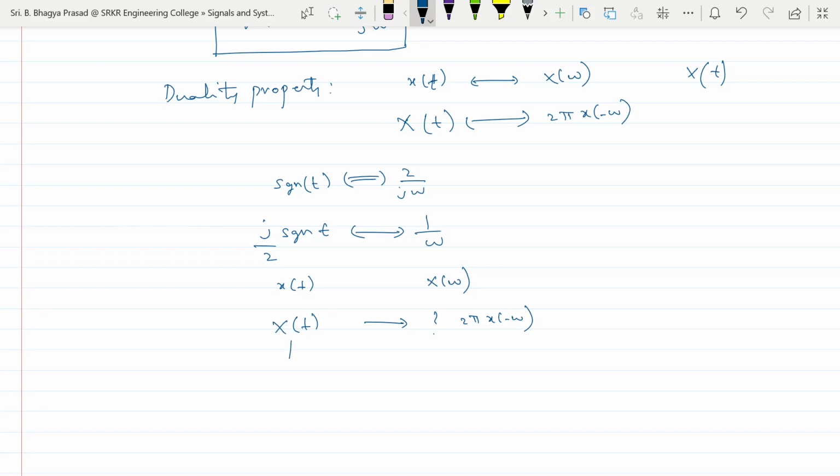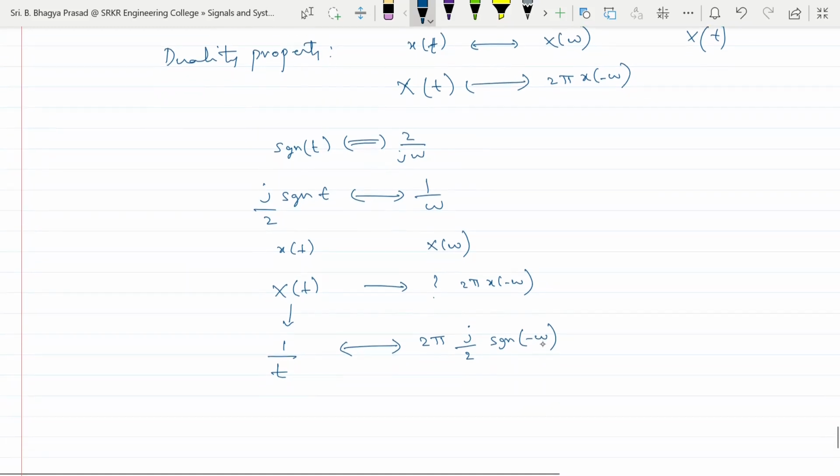So what is x of t here? X of t is 1 by t. The Fourier transform will be 2 pi x of minus omega. What is x of omega? X of omega is j by 2 sgn of omega. I substitute minus omega, that is j by 2 sgn of minus omega.